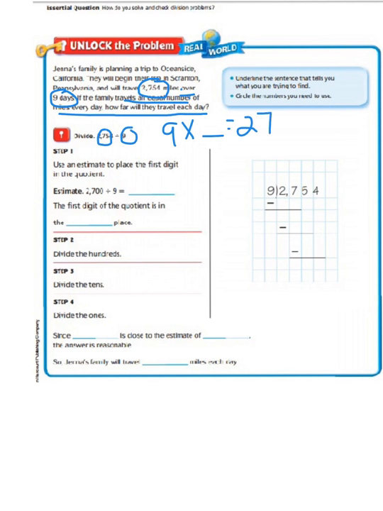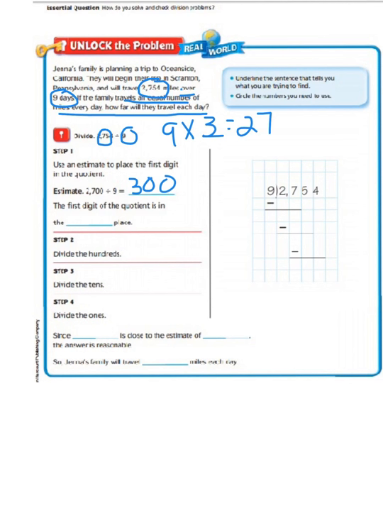And with that basic fact, we know that 9 times 3 equals 27. So we can put our 3 down here in our estimate, and we replace the 5 and the 4 with zeros, so that would be 2 zeros. So 2,700 divided by 9 equals 300.